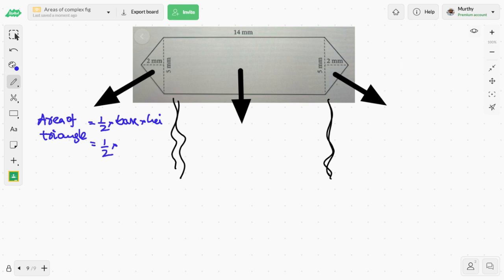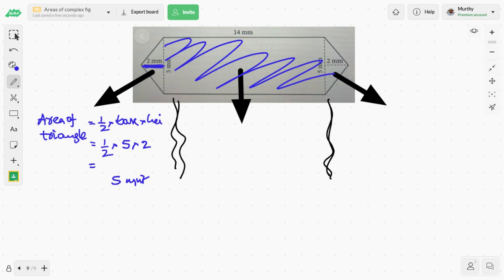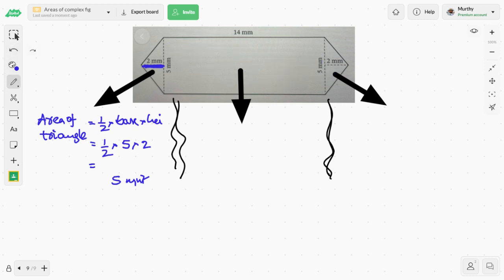So half times, I see that base is 5 units and height is 2 units. So half of 5 times 2, which is half of 10, that gives me 5 square millimeters.